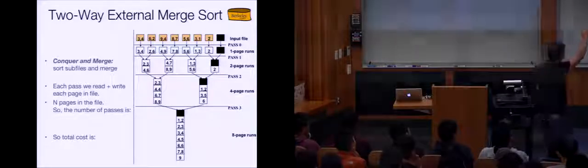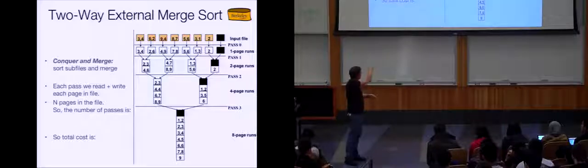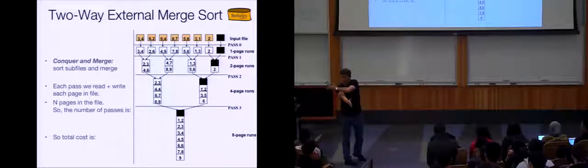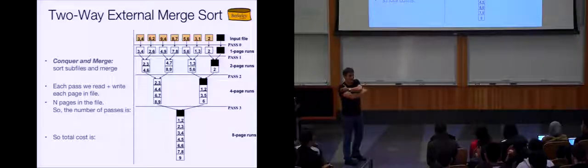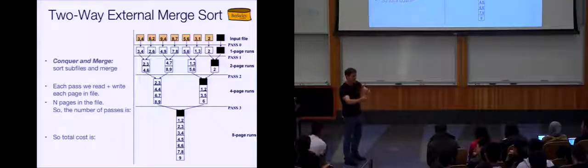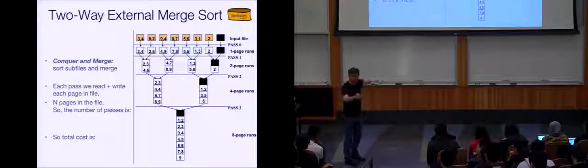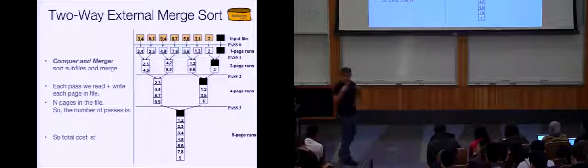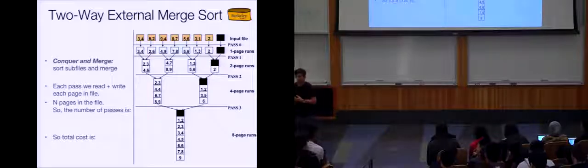It's just that this tree of behavior is every time you go a pass, you take a full read of the whole data set, and you write the whole data set. Right? You appreciate that these passes are expensive. They're full passes of the data, and they're two, one for read, one for write. And then you do it again, one for read, one for write, and then you do it again. We'll do that log base 2 n times.